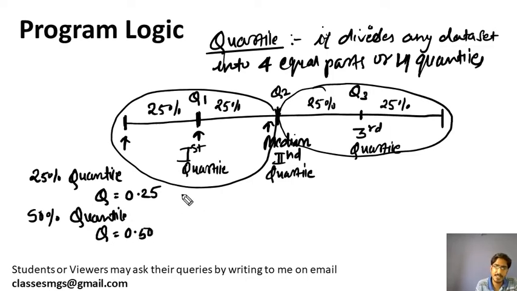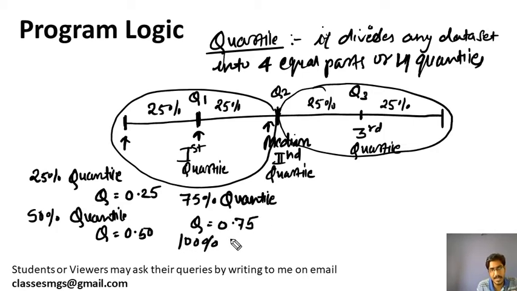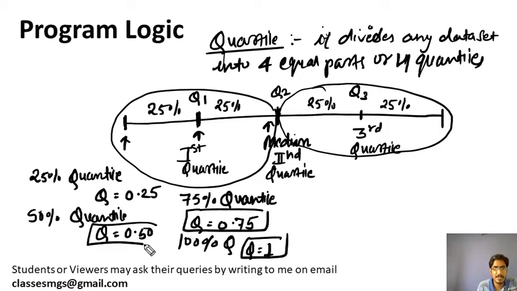If someone asks for the 75% quantile, it will be 0.75. If someone asks for the 100% quantile, Q will be 1. This will never be asked. Mostly the questions will be Q 0.5 and 0.25.